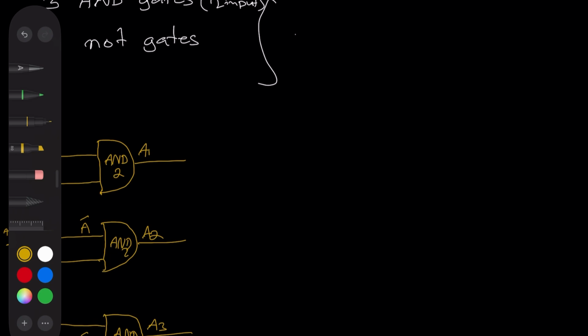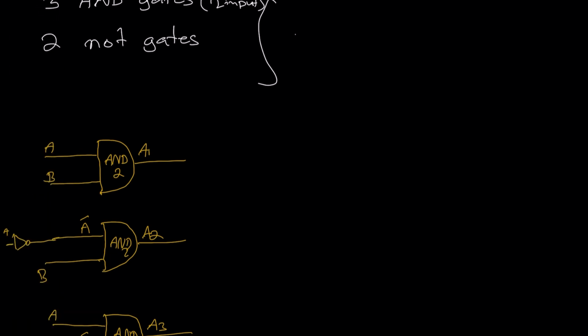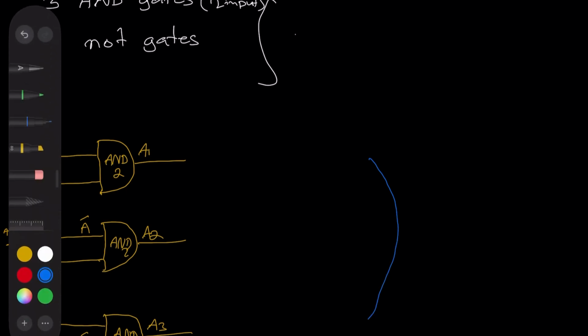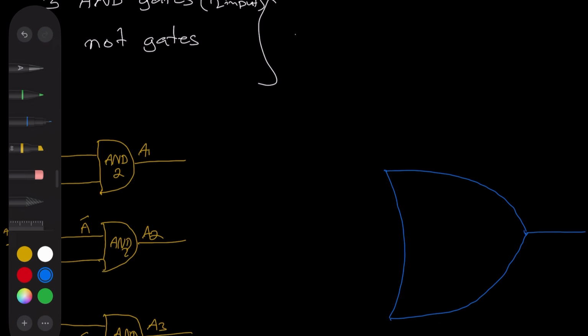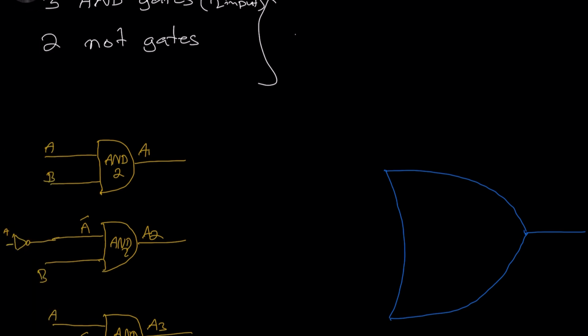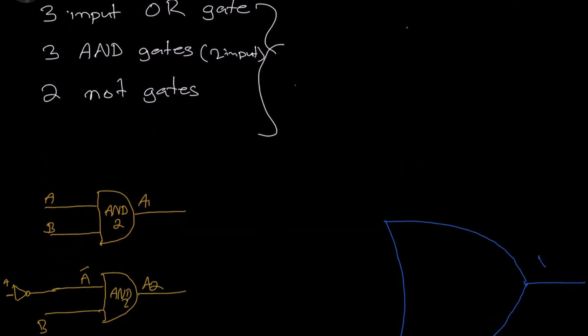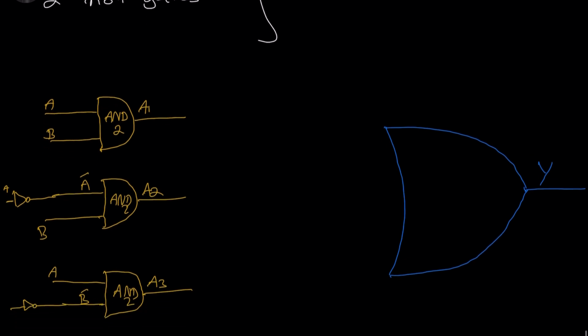So that's how we should be starting, because it'll be easier if you do it this way. So let's draw an OR gate. Okay, so we have an output Y for that OR gate, and we have a 3 input OR gate, so pretty much all done.